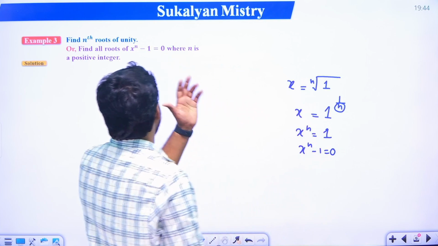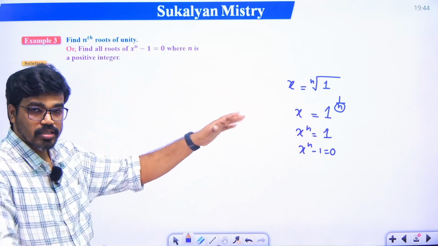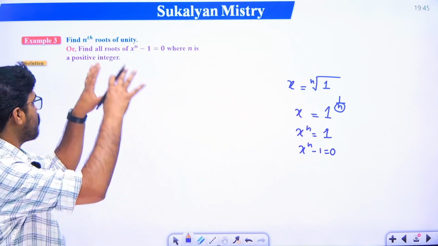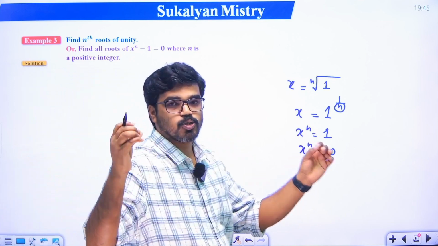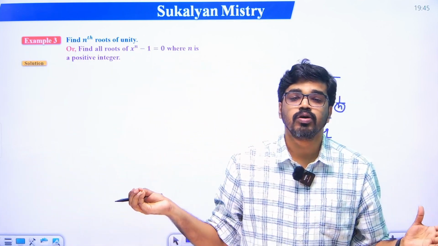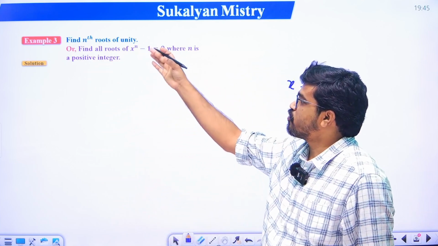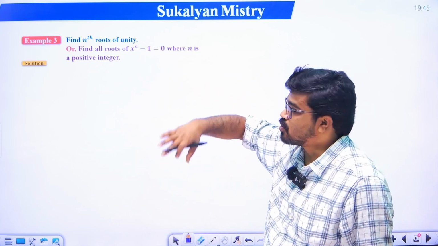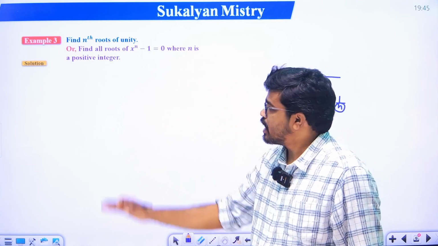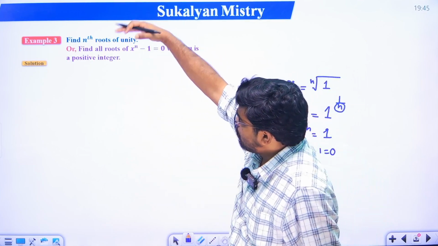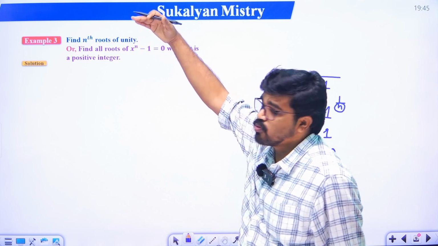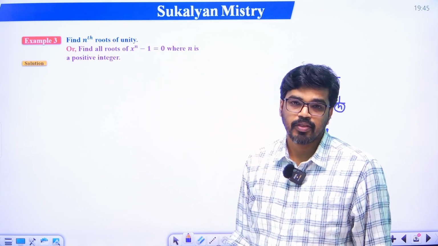So find the roots of unity. A similar problem is: find all roots of x to the power n minus 1 is equal to 0, where n is a positive integer, and find the nth roots of unity. These are similar in meaning.